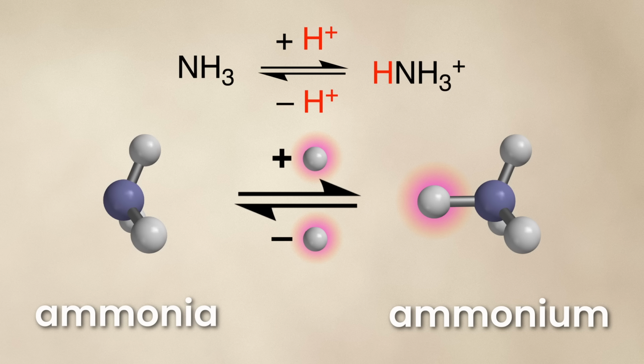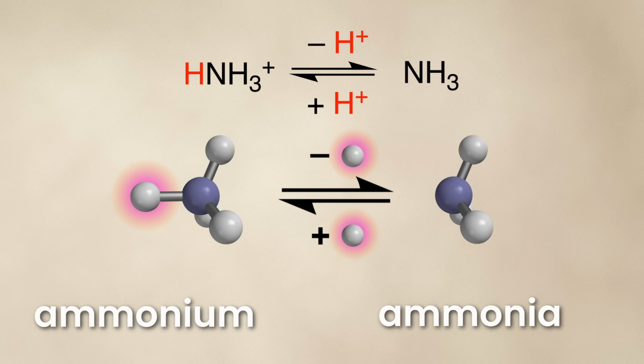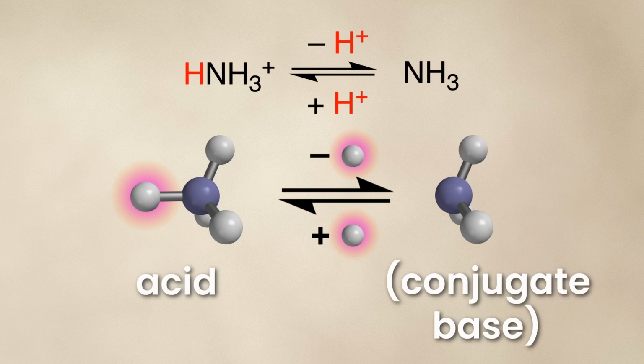And ammonia gets a proton to become ammonium. And likewise, the ammonium can give a proton back, which means ammonium is an acid. And technically, ammonia is the conjugate base of ammonium, but the base form is the most common.